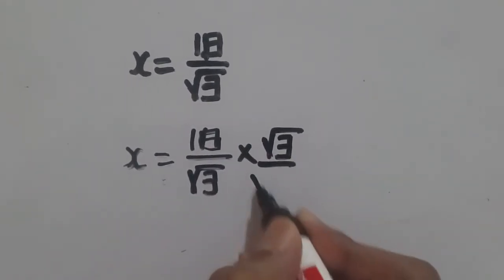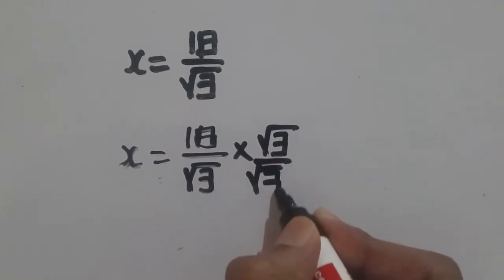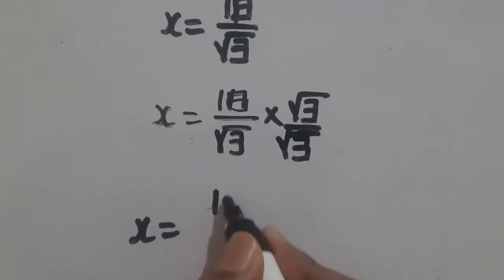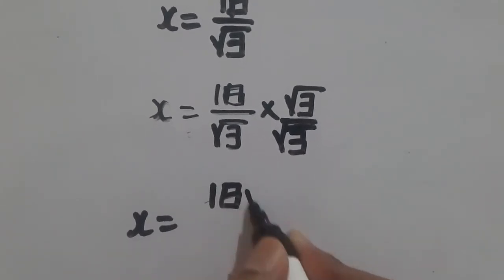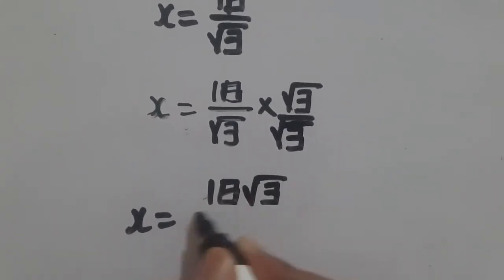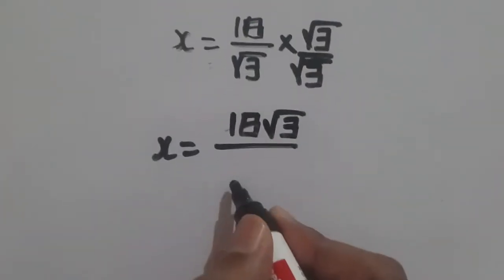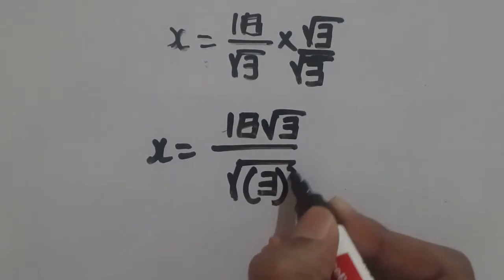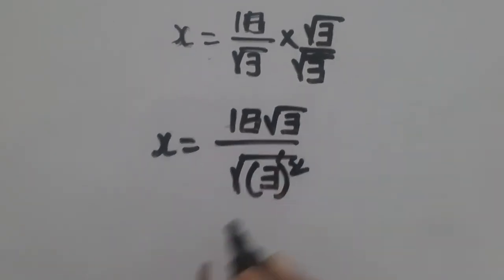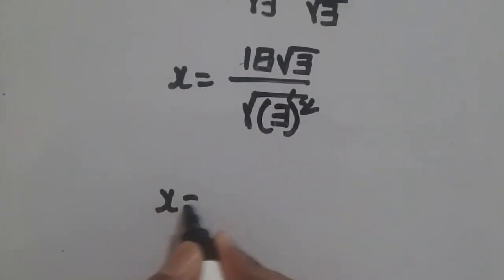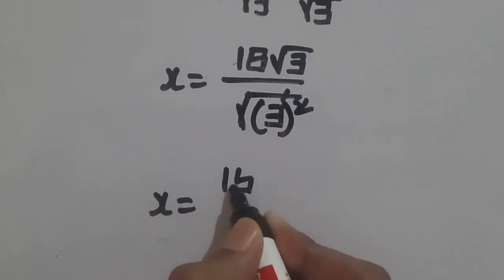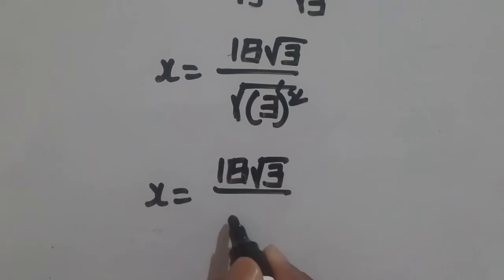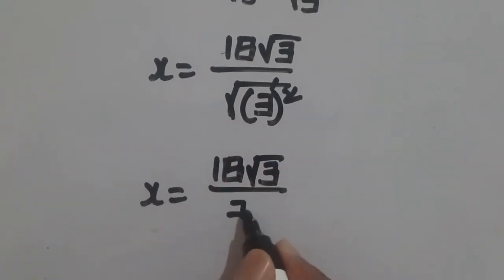Rationalizing is nothing but multiplying and dividing by the denominator's value. X is equal to 18 into root 3 by root 3 into root 3, whole square. Now the square root and square get cancelled, and X is equal to 18 into root 3 by 3.